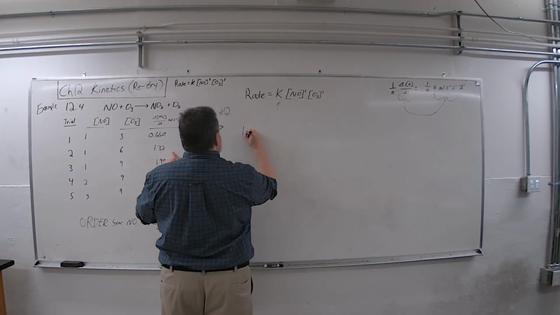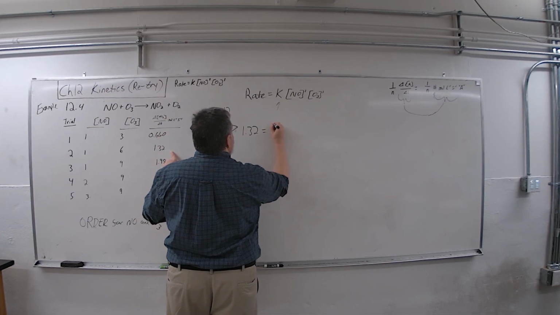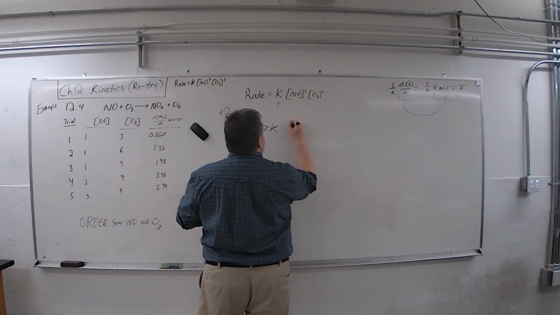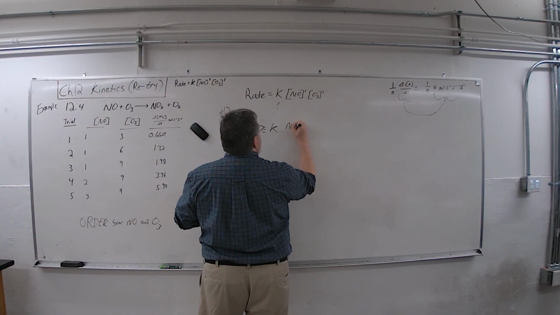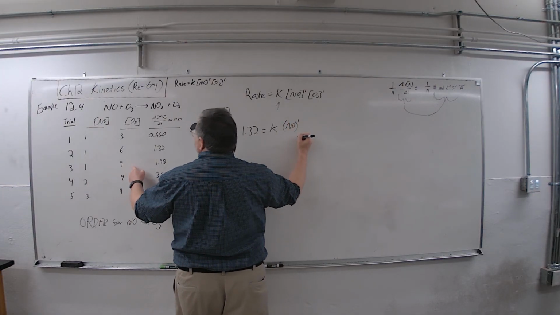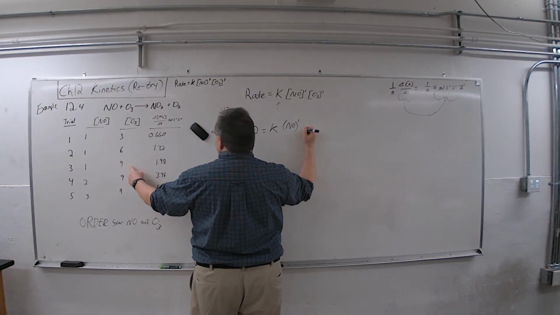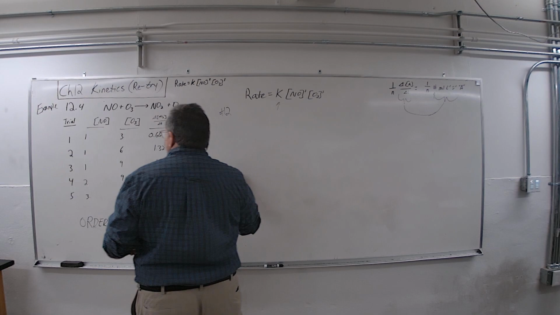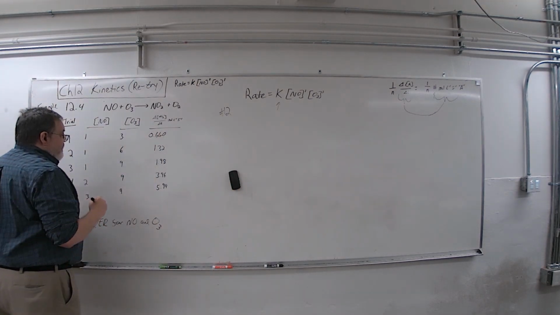The rate here is 1.32 equals K. The concentration of NO is 1. So NO to the first power, concentration of, oh, you know what? Now I've got to put all those powers back in.